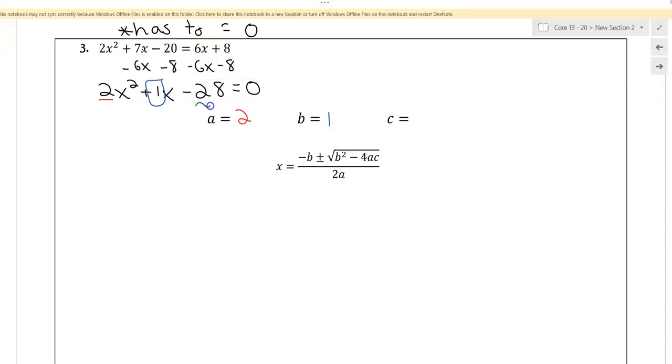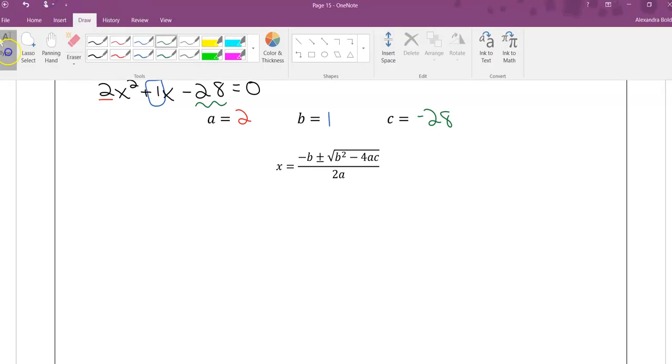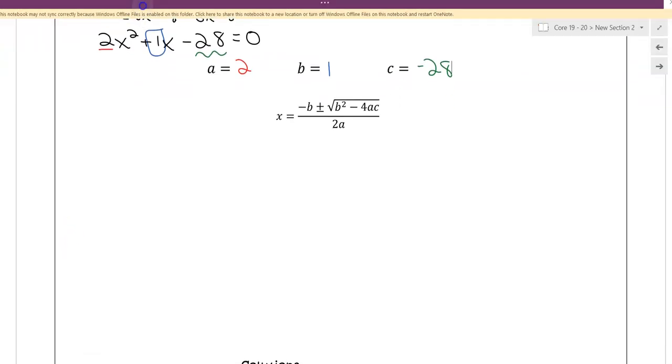So a is 2, b is 1, and c is negative 28. Be careful that you do have your signs there, positives and negatives.